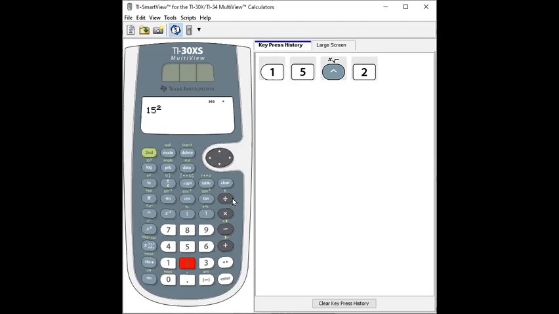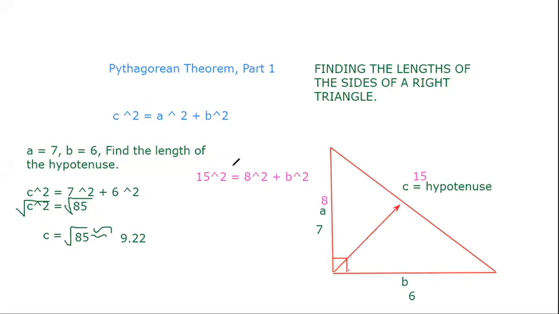So up arrow 2, direction to the right, get you off of that exponent line, hit enter, 225. So 225 equals 8 times 8 is 64 plus B squared.